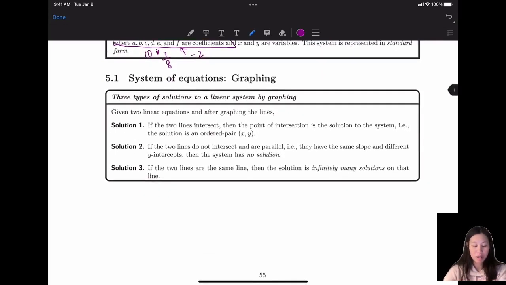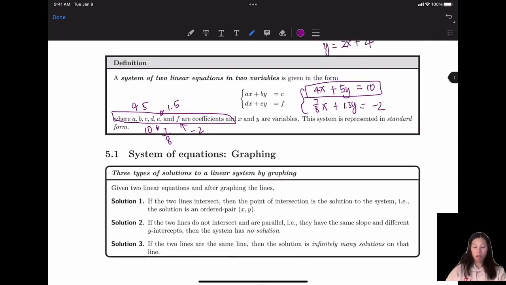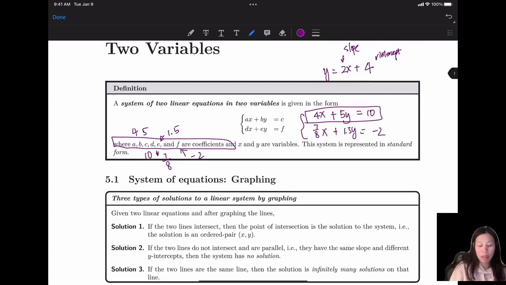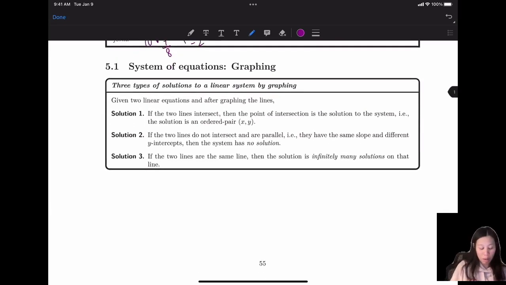So here, system of equations, graphing. Given two linear equations, after graphing the lines, if the two lines intersect, then the point of intersection is the solution of the system. Remember, the graph of each equation is a straight line.